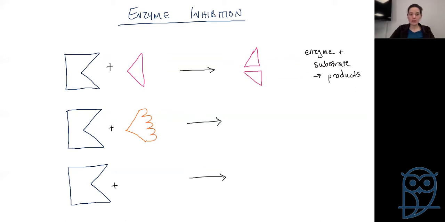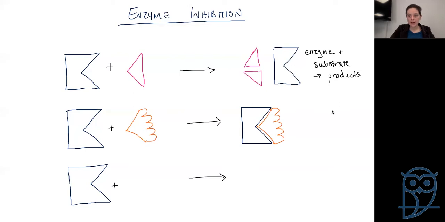Now what's going to happen here is we're going to have an enzyme. Oh, we missed a bit on the last one, didn't we? Okay, we had product plus our enzyme is unchanged and ready to go. Okay, so now we have an enzyme, but he's not unchanged and ready to go because he is bound to the inhibitor.